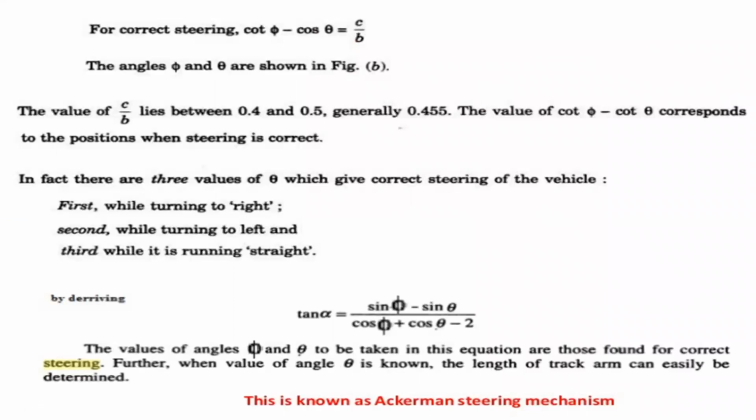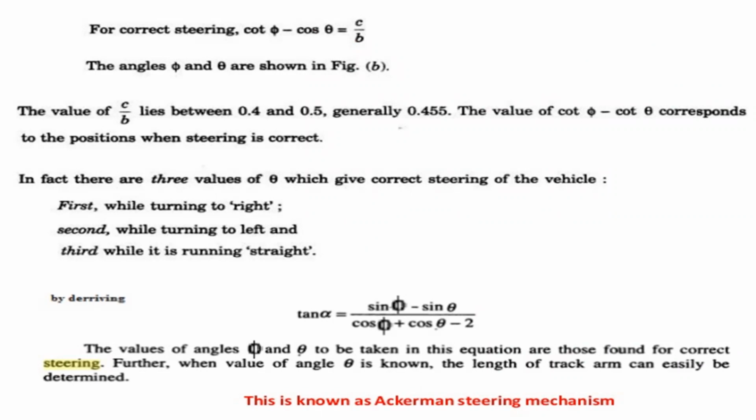The value of C by B lies between 0.4 and 0.5, generally 0.455. The value of cot phi minus cot theta corresponds to the positions when steering is correct.